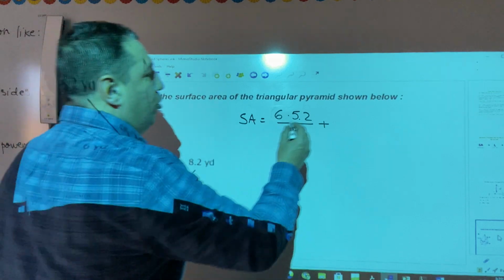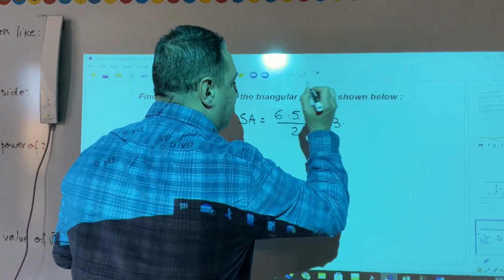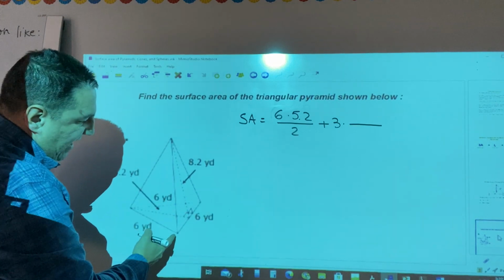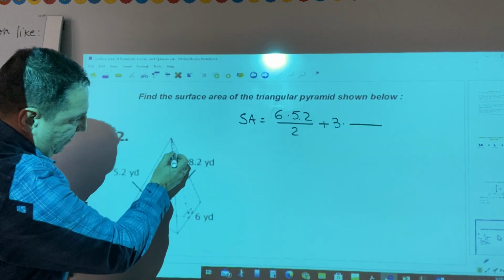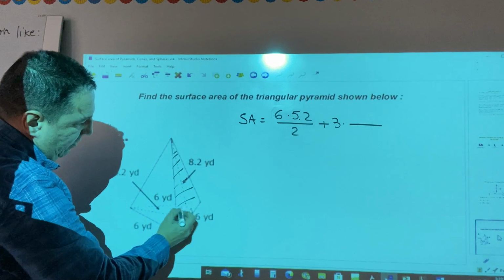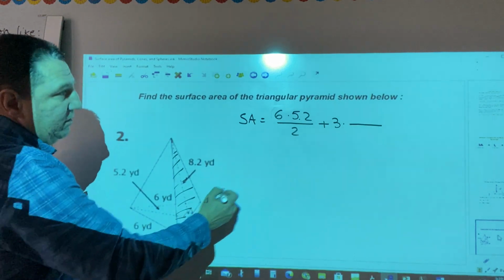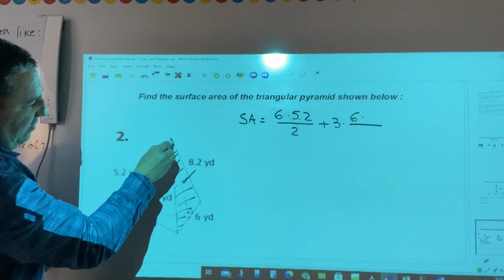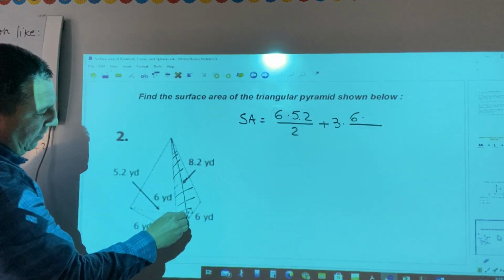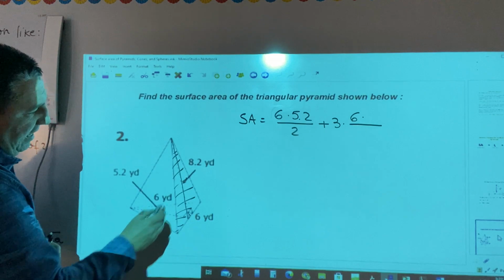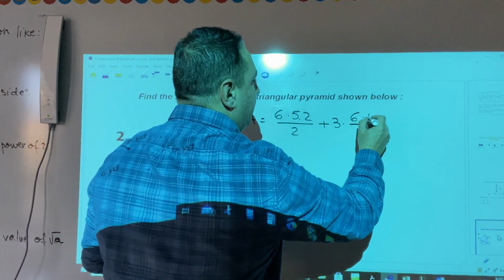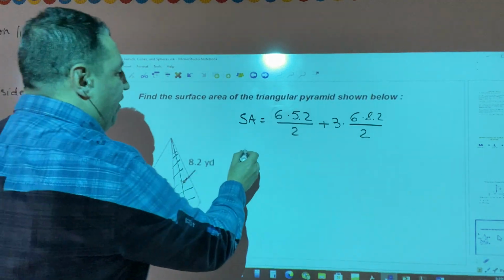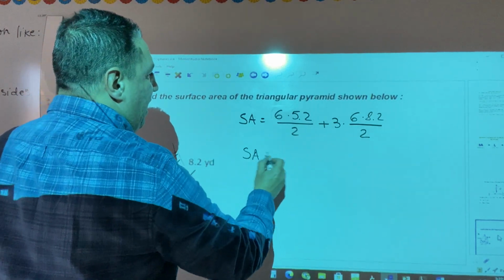So you're going to have 3 times the base of this triangle, of one face, which would be 6, times the height of this triangle, which is 8.2, over 2. Then we find surface area equals.